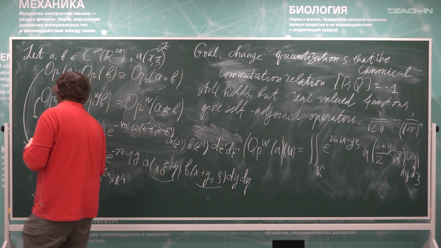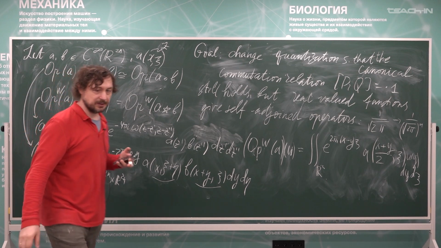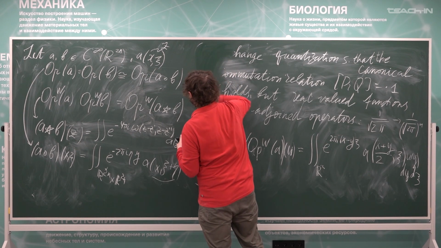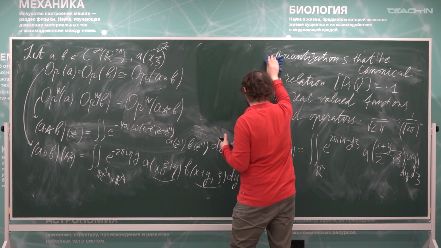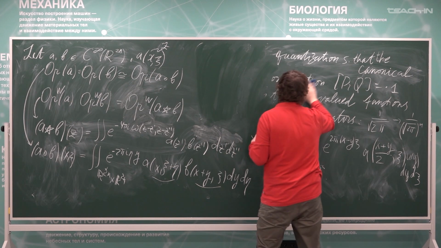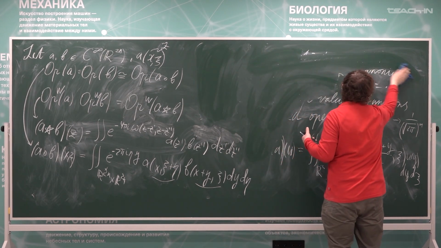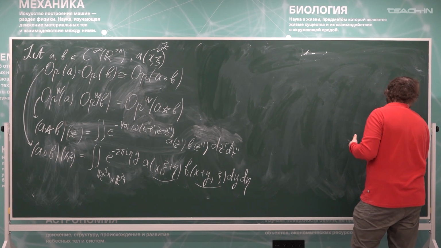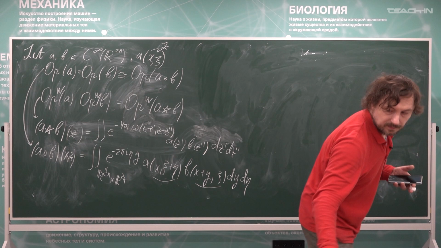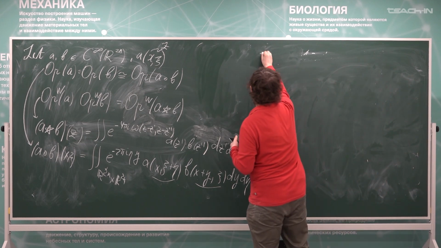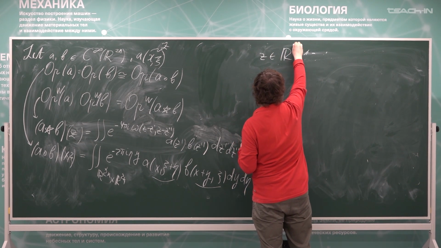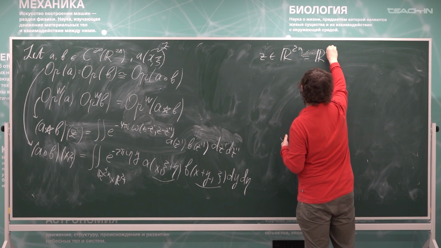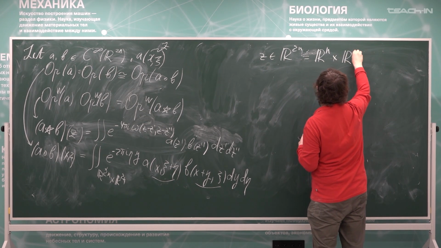The only piece of notation which needs to be explained is this omega, but that's pretty simple. As I explained, z is a point in R^2n, which you can regard as the Cartesian product of R^n and R^n.